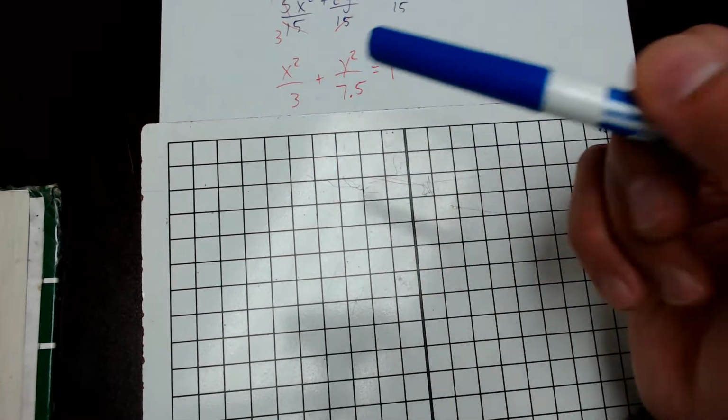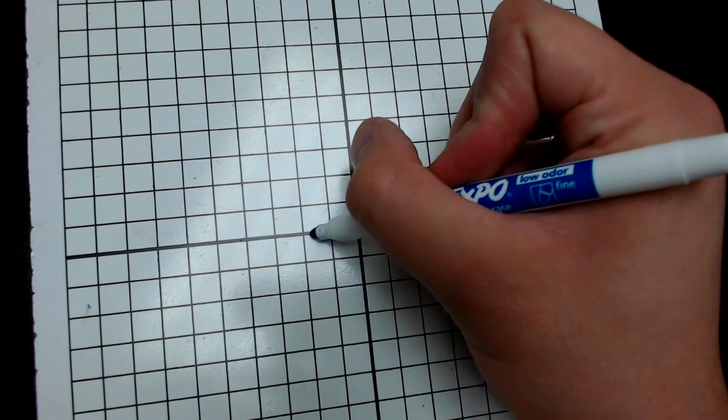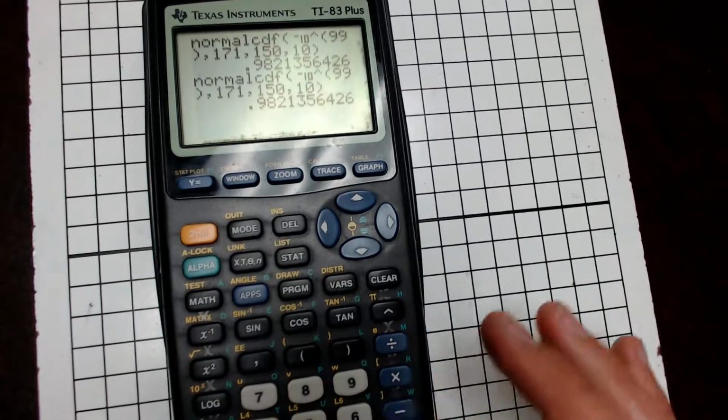There we go. So my x squared is over 3. So that means the distance here is actually going to be square root of 3. If you remember, square root of 3 is a little bit bigger than 1, but smaller than 2. So I'm going to have an x that goes here and here. Okay. And then 7.5. What's the square root of 7.5? Oh, that's really tough unless you have a graphing calculator. Okay.